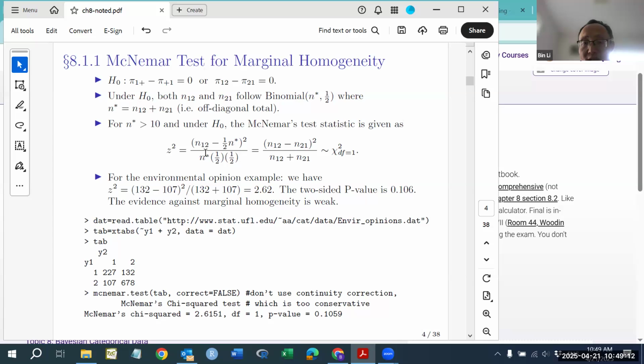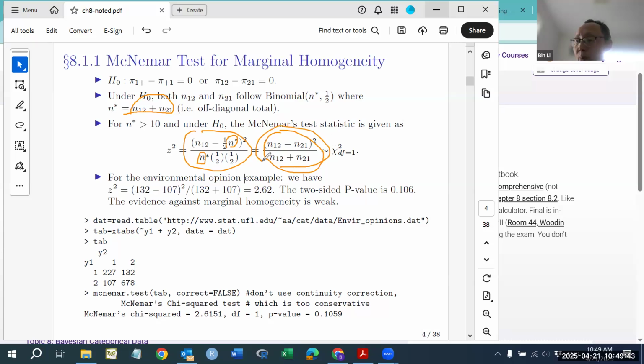Okay, so from here to here, that's just simple math. There's nothing tricky. Just replace the N star by N12 plus N21, then multiply by 4 on both numerator and denominator, and you can easily get this.